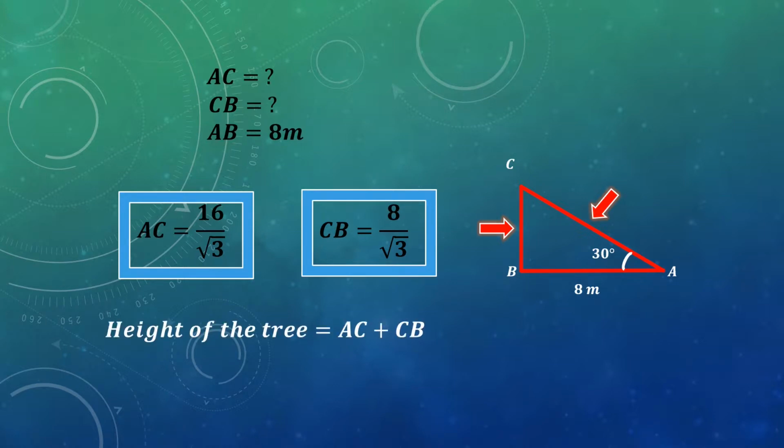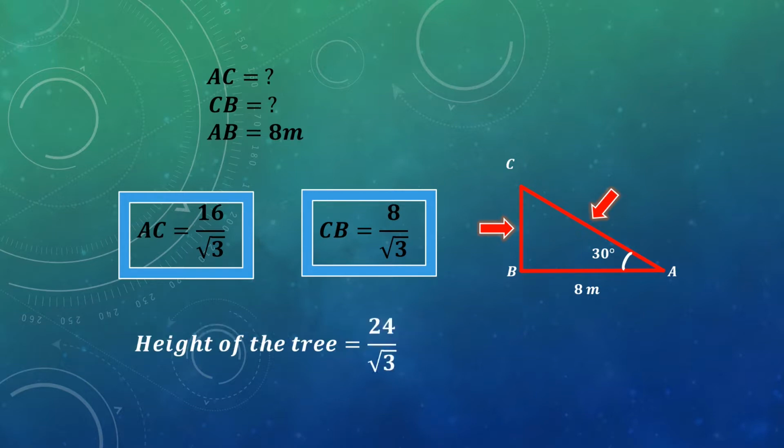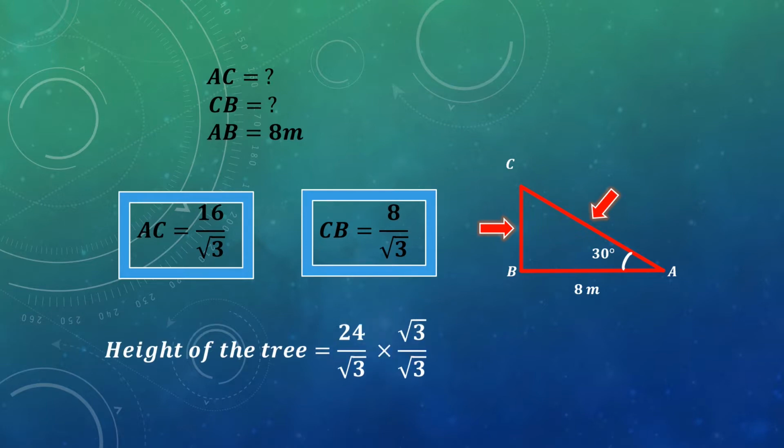Now what I can do is simply find the height of the tree by adding these two values. And I see that 16 upon root 3 plus 8 upon root 3 will give me 24 upon root 3. Now I must rationalize this. So I'm going to multiply the numerator by root 3 and the denominator also by root 3.